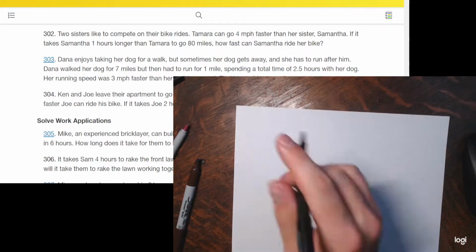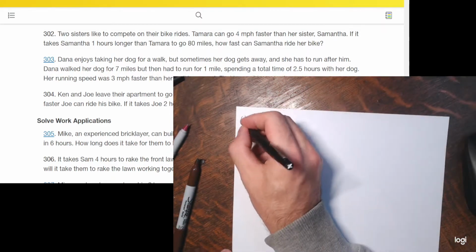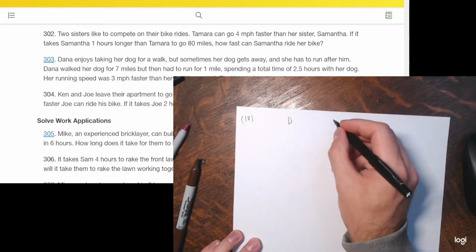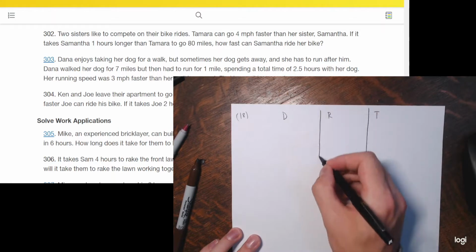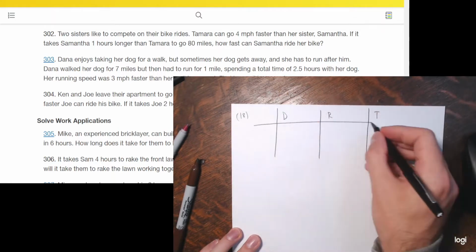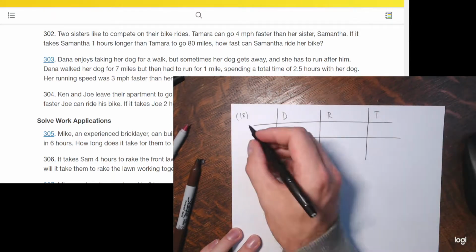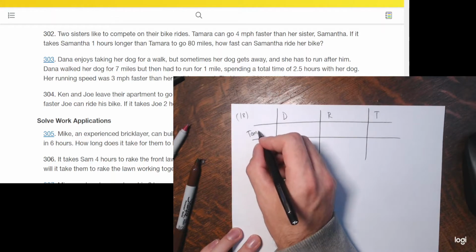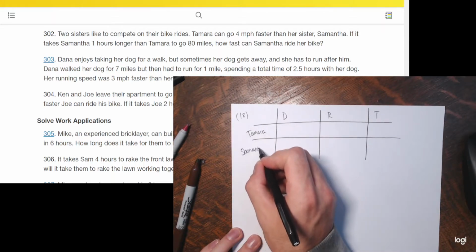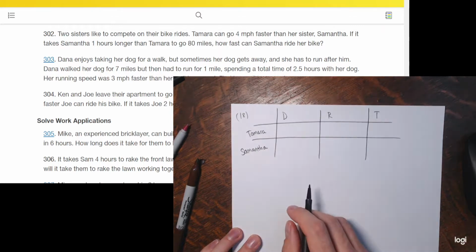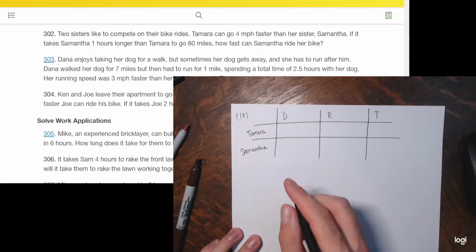And I'm making the same kind of chart, talking about distance, rate, and time. One for Tamara and one for Samantha. The question is about Samantha's speed. How fast can she ride her bike?